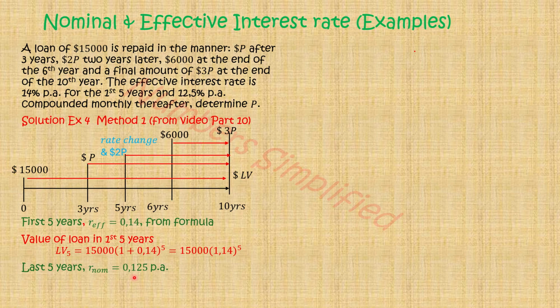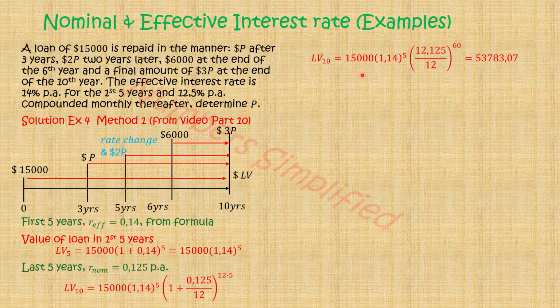So that is the thing that we have here, implying that the LV10, that is to say, the value of the loan after 10 years, would be the value of the loan in 5 years, the first 5 years, times 1 plus 0.125 divided by 12 raised to the power 12 times 5, because we've got 5 years in total and 12 months in each year. So that is what we would have over there. And that would give us the value of the loan.